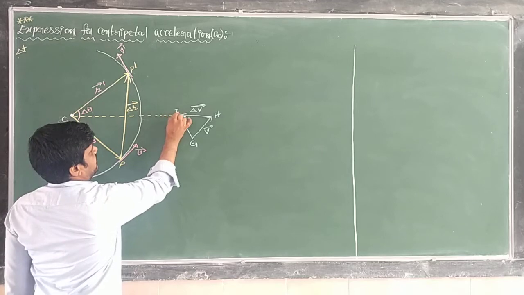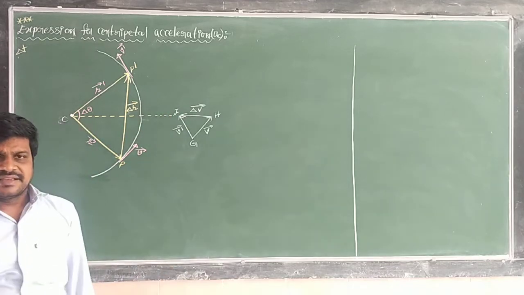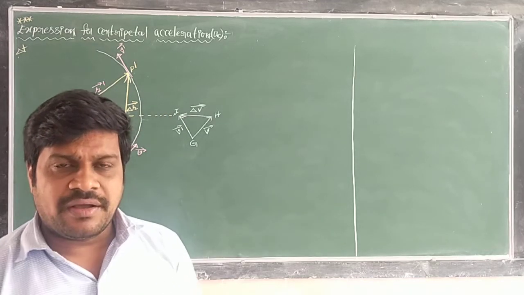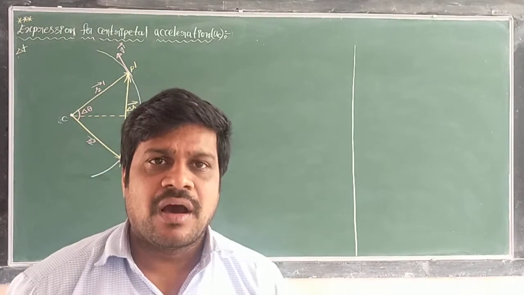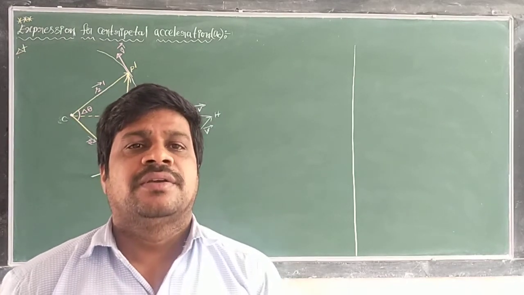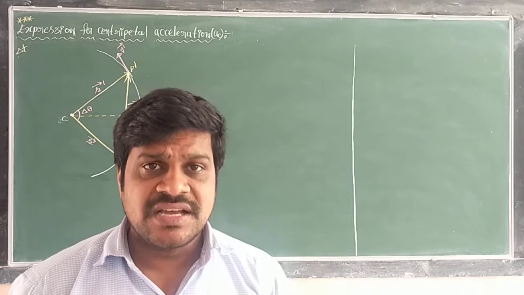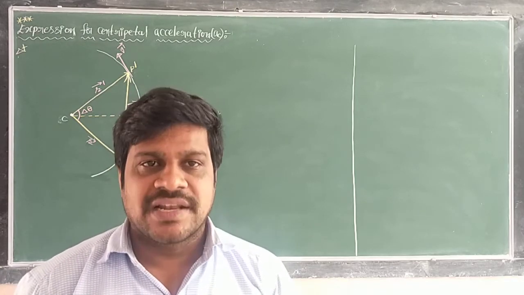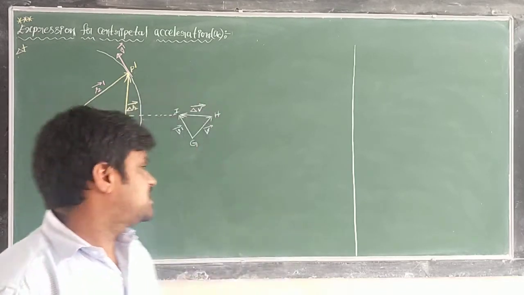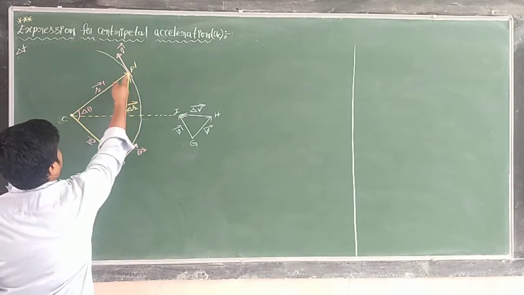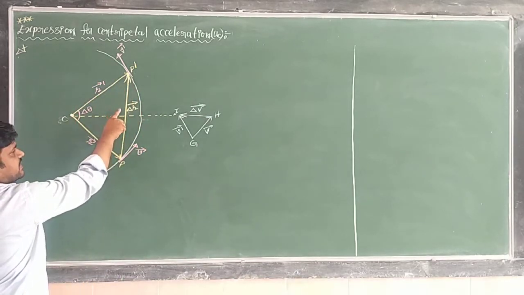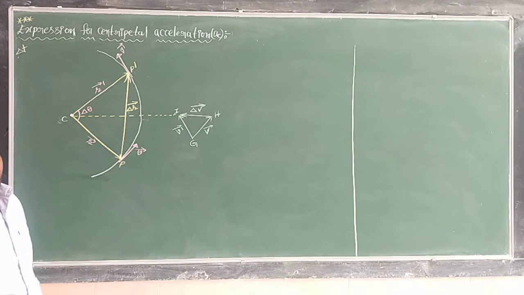Is uniform circular motion a uniform motion or a non-uniform motion? Uniform circular motion is an accelerated motion, which means the object has acceleration. What is the direction of acceleration?